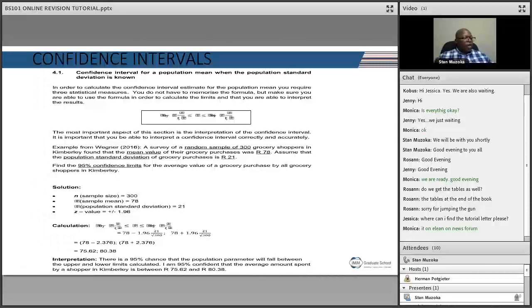My formula might not necessarily be clear as well. I will refer you to page 181 in your textbook.